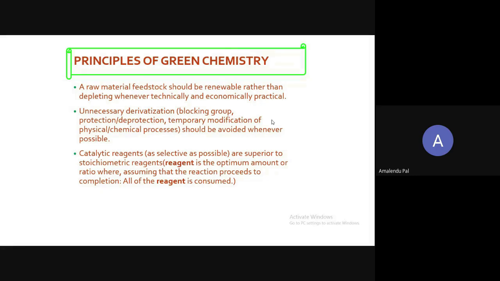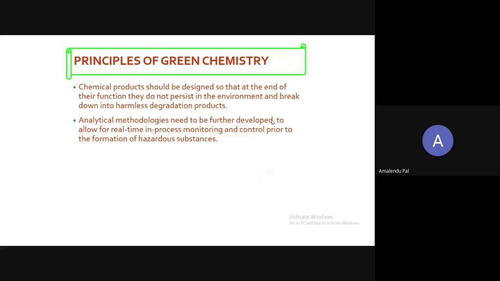Catalytic reagents, I am telling you, are superior to stoichiometric reagents. Sometimes we use a reagent in acid; that is, the reagent is used in the optimum amount or ratio in our lab, the reaction goes to completion, and all of the reagent must be consumed. So rather we use catalytic reagents. That is more important than stoichiometric reagents.